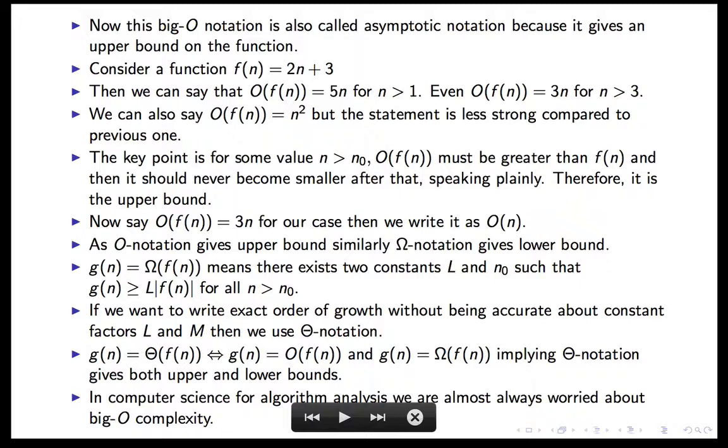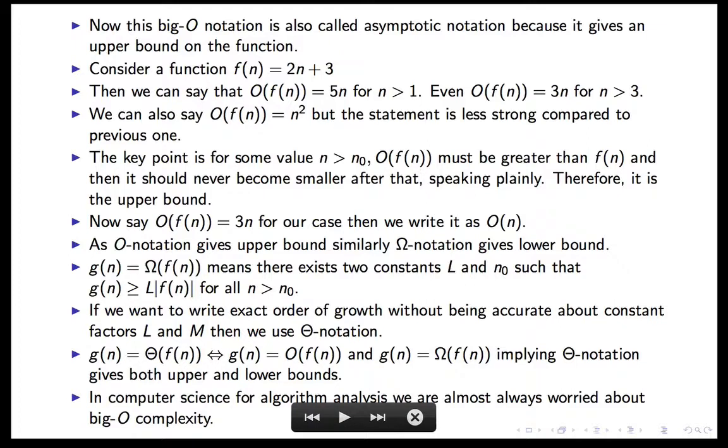But when n is greater than 1, 5n will always be greater than 2n plus 3. For example, if big O of f(n) is 3n, then for all n greater than 3, 3n will be greater than 2n plus 3.